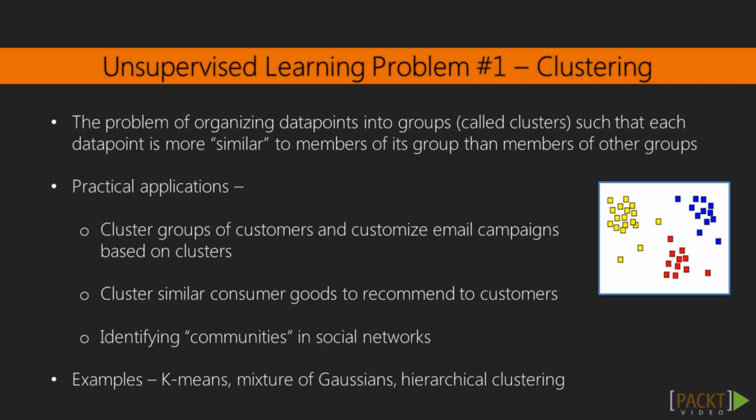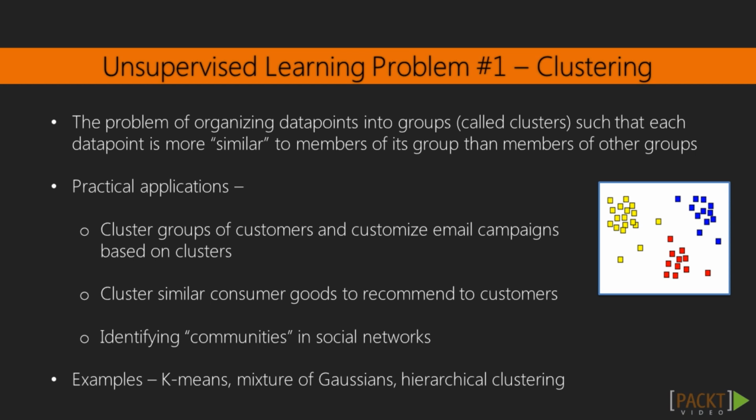Now let's focus on the clustering problem. Again, this problem deals with segmenting data points into natural groups that we call clusters. The general objective of clustering is to divide data points into clusters in such a way that data points are more similar to the data points within their cluster than to data points in different clusters. The diagram below shows three clusters identified by color.